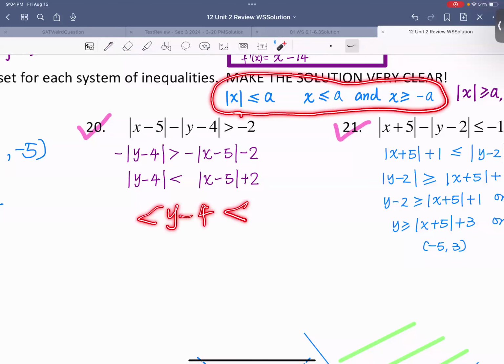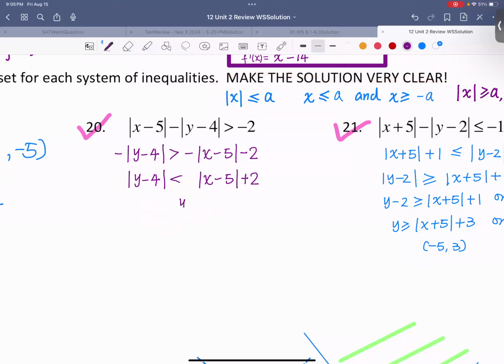I'm going to write down the middle, and then you tell me the left and the right. So the one on the right is x minus 5 and then plus 2. The one on the left is negative x minus 5 and then minus 2.